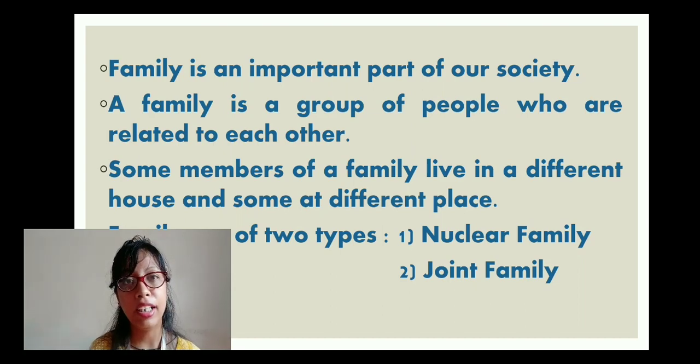Suppose my brother lives somewhere else in another state. That doesn't mean that he is not my brother, right? Because we are related to each other. Our parents are the same, so we are siblings and we are related to each other. We become a family.